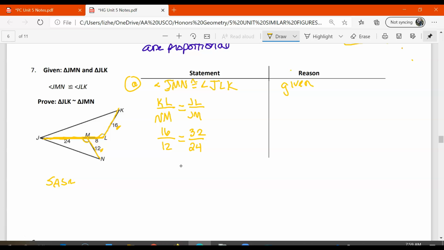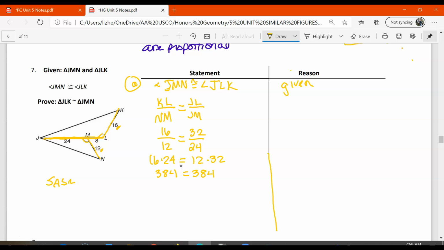So what you can do here to prove those are equal, you can, one, do cross multiplication. 16 times 24, does that equal 12 times 32? So 16 times 24 is 384. 12 times 32 is 384.